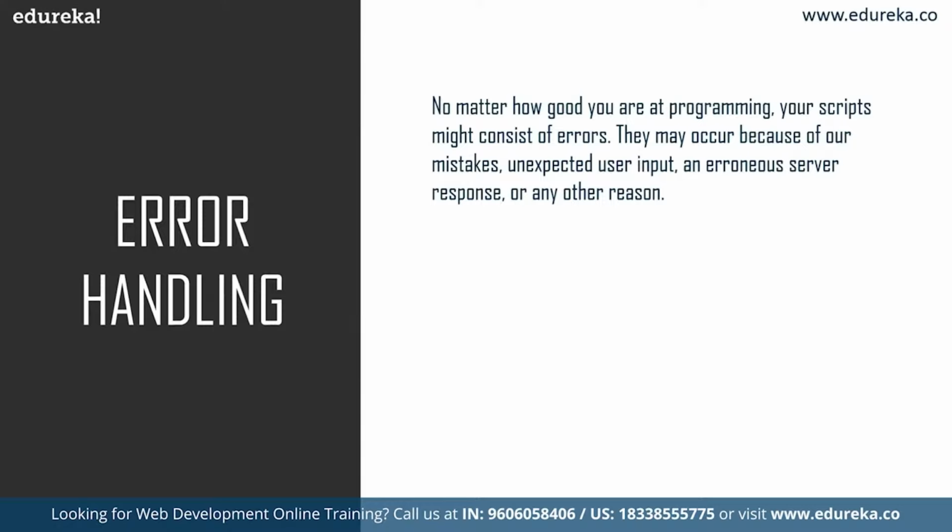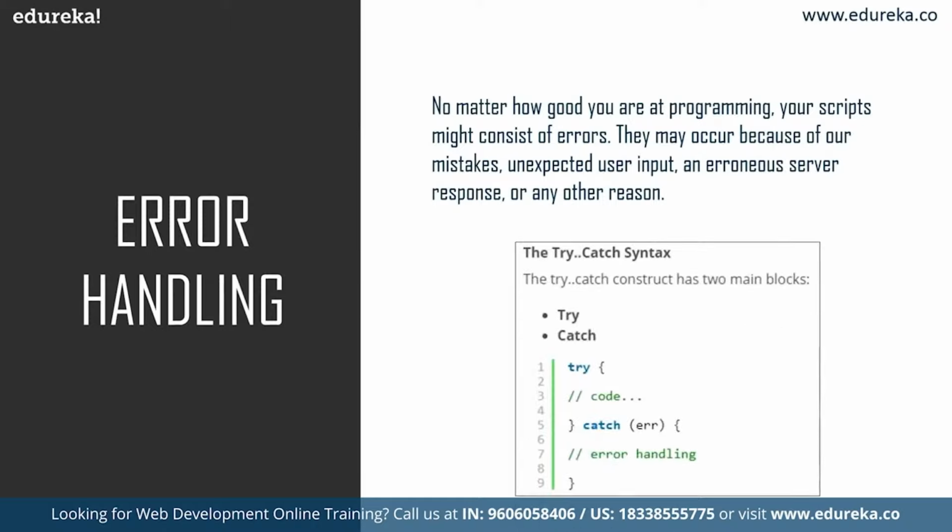Now there's a syntax construct, try catch, that allows catching errors and instead of dying, do something more reasonable. So for that we have the try catch syntax and it has two main blocks, that is the try and the catch. So the syntax for try catch is first you have the try block and then you have the catch where you're actually handling the error.